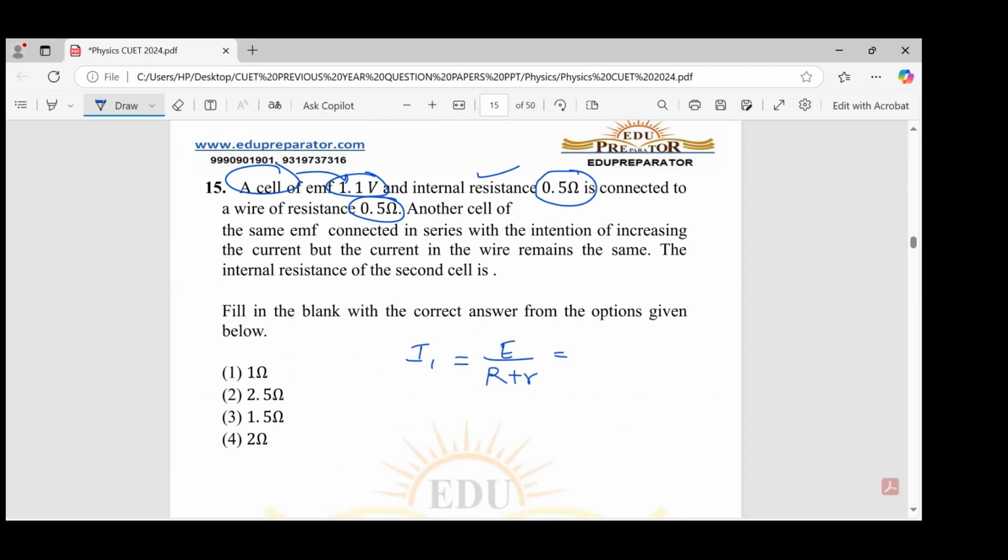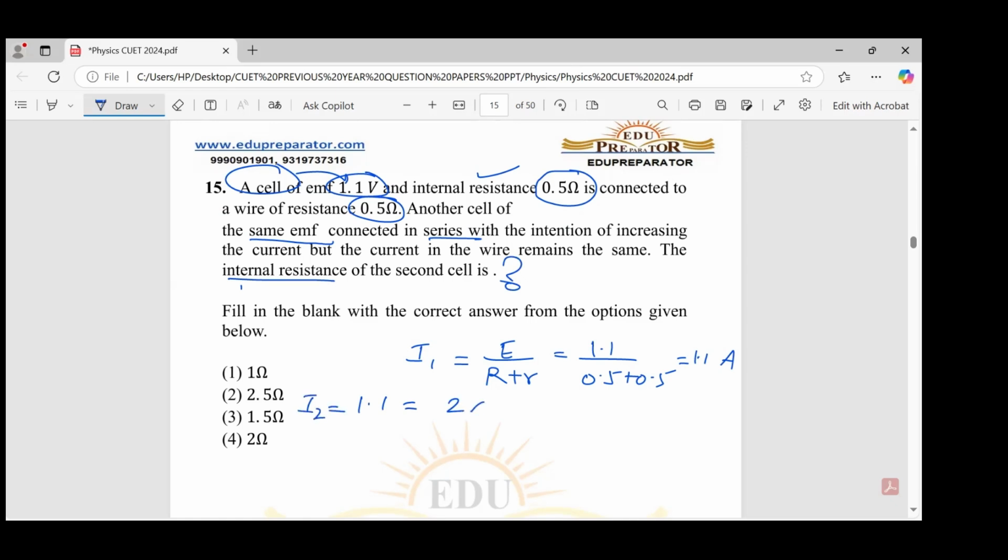Now if we simplify that, it is 1.1 divided by 0.5 plus 0.5, which will make 1.1 ampere current. Now he says it is connected in series with an identical cell, but there is a change in internal resistance of it, and this internal resistance is required. So I2, according to the question, will remain the same, right?